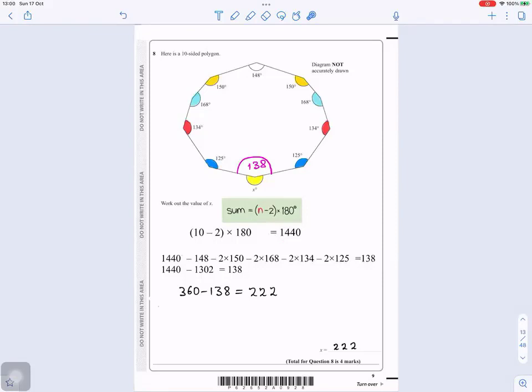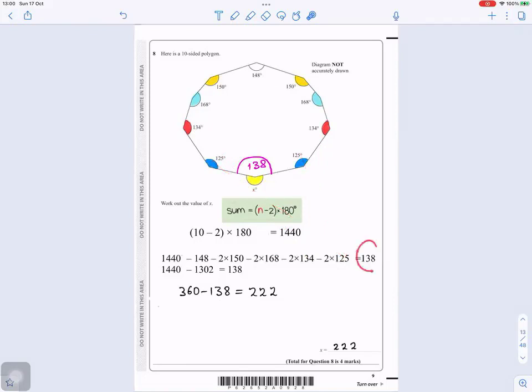Now, to find x, we have to subtract all the other angles given. So 1440 minus 148 minus 2 times 150 minus 2 times 168 minus 2 times 134 minus 2 times 125.